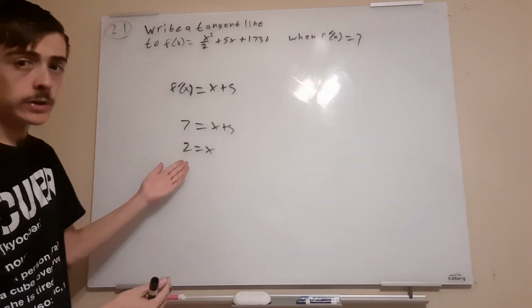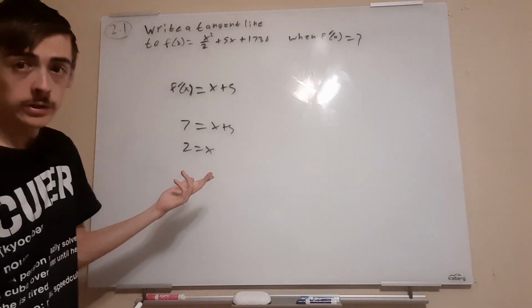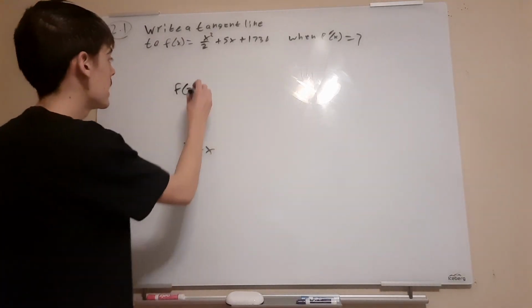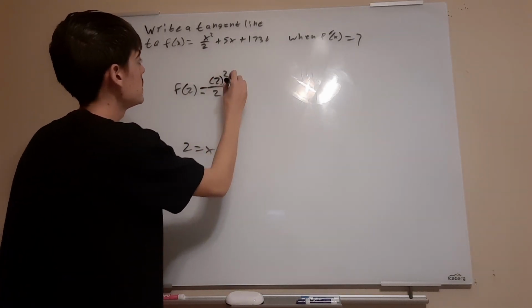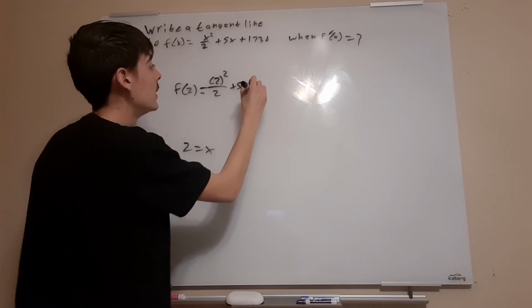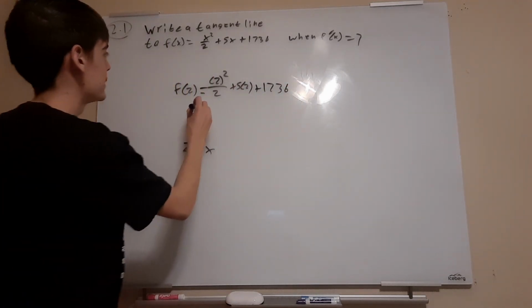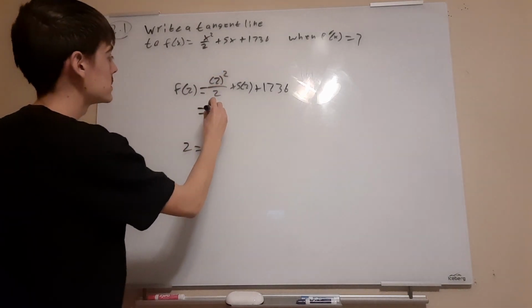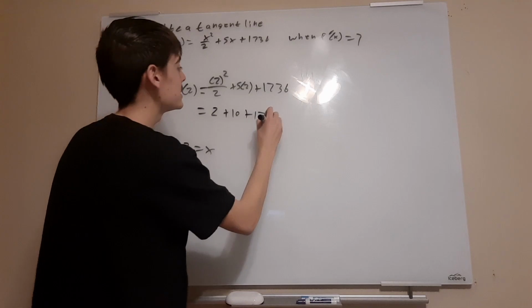Now that we have our x coordinate, we can plug this back into our original function, and we can get a y coordinate. So if we were to plug in for f of 2 now, that would give us 2 squared over 2 plus 5 times 2 plus 1,736. So simplifying this, 2 squared is 4 divided by 2 is 2, plus 5 times 2 is 10, plus 1736.